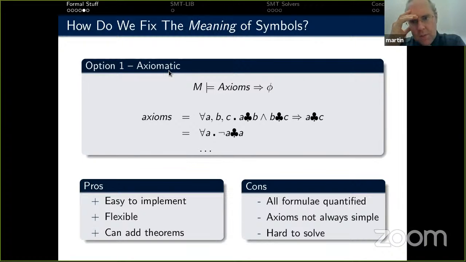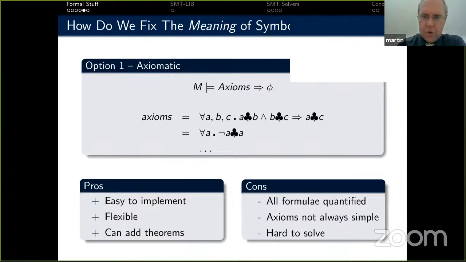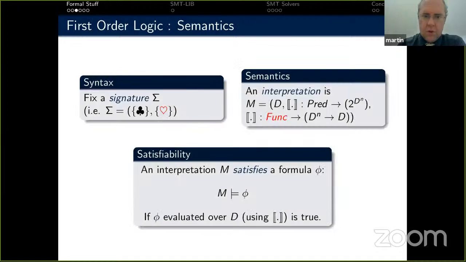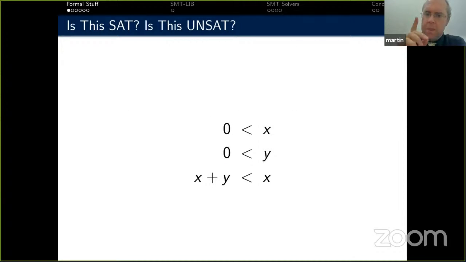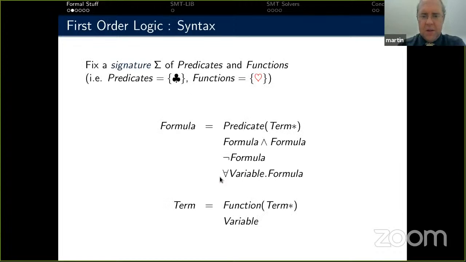We say, okay, our original question is not a particularly good question, because it's satisfiable in some interpretations and not others. So what we really need is, I should tell you what the axioms are. I should tell you what rules this pointing angle follows, and what rules this plus follows.